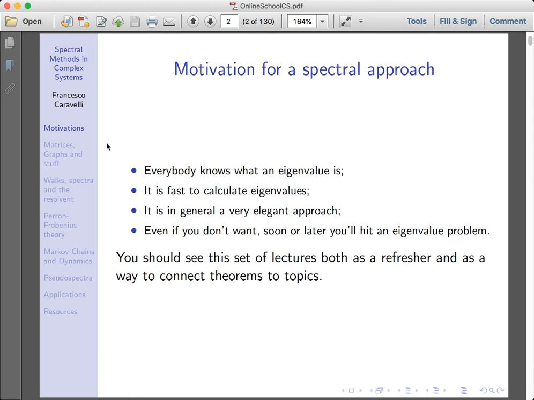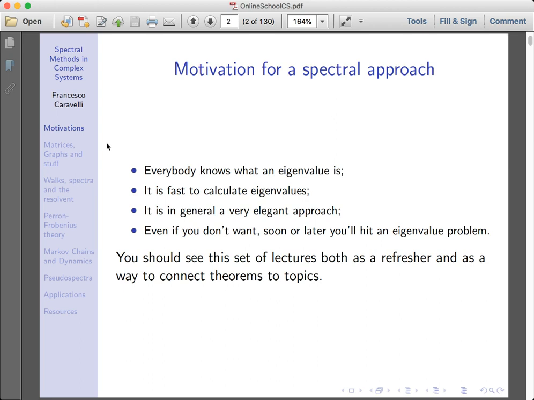Motivation for a spectral approach. It is a personal perspective, but I find the eigenvalue problem very elegant. If you can map your eigenvalue problem to a problem of interest that you're studying, then there are very many techniques available for either solving the problem computationally or analytically.